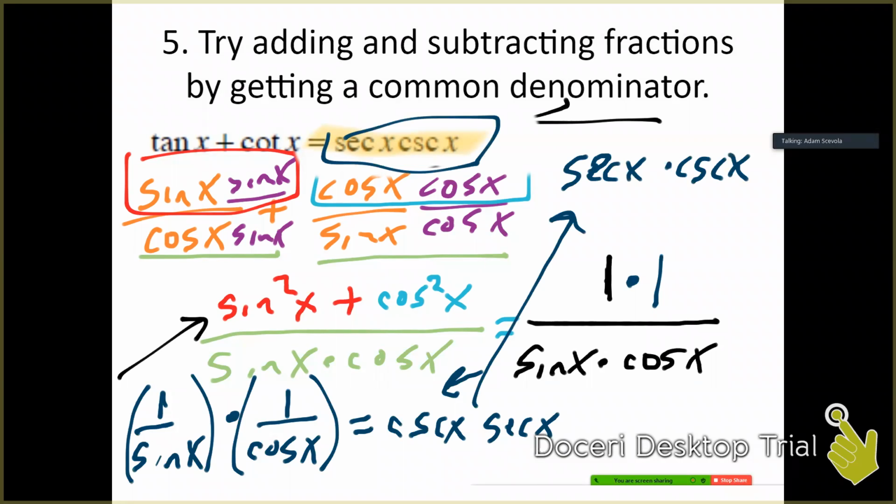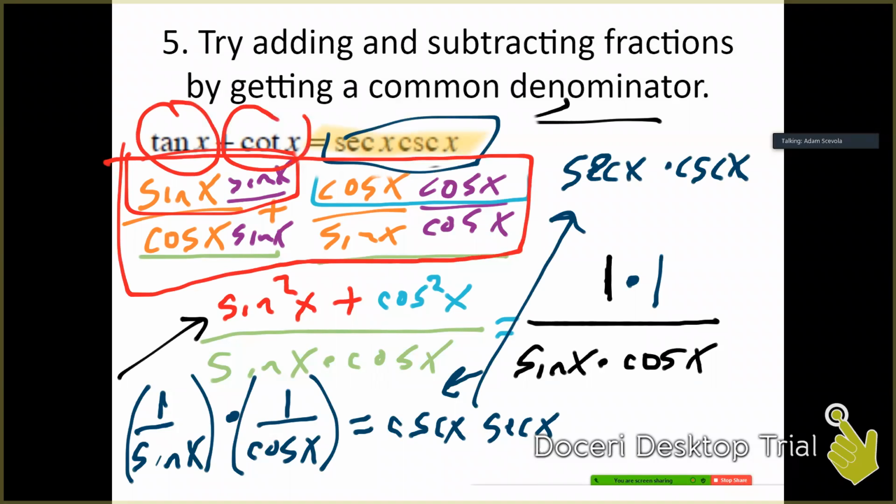And there we go. So I know I'm zigzagging all over the place because I'm limited on space here. But if we go back to the top, the first thing we did is write tangent and cotangent as sine over cosine plus cosine over sine. Then we got a common denominator by multiplying by sine over sine and cosine over cosine.